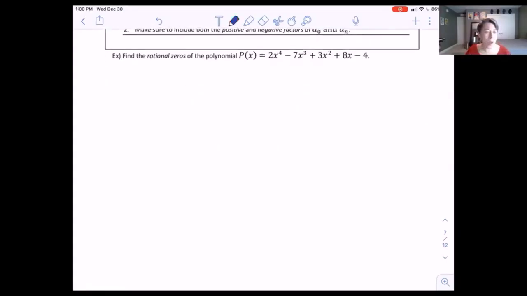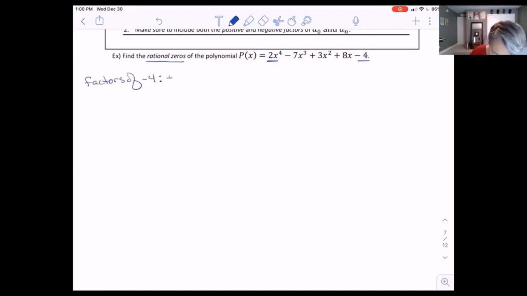We want to find the rational zeros of this polynomial: 2x to the fourth minus 7x cubed plus 3x squared plus 8x minus 4. When we are finding rational zeros, we're only going to focus on the first and the last numbers. So let's first look at factors of -4. And remember, when we say factors, it would be integers or numbers that multiply to give us 4.